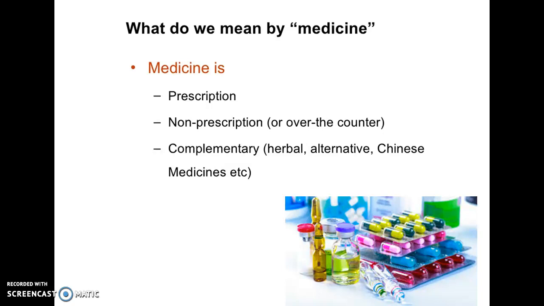These come under complementary medicine. We are not dealing with complementary medicine, but it is essential to know some information about it, because many times the patient, without informing, may be consuming some herbal medicines, which may cause interaction with the drug.